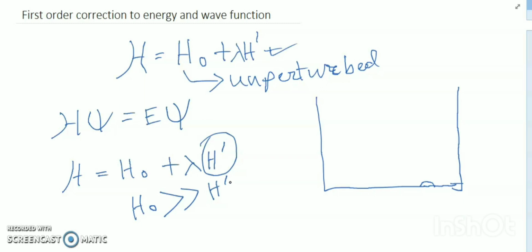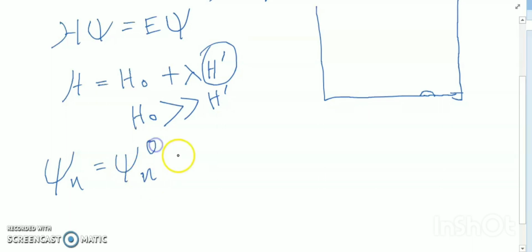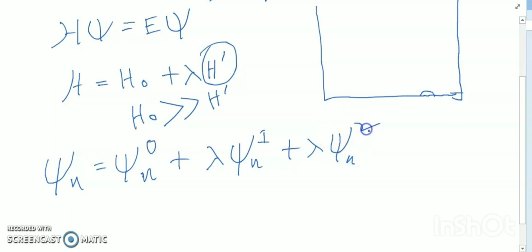So psi n is equal to psi n0 plus lambda psi n1 plus lambda square psi n2.